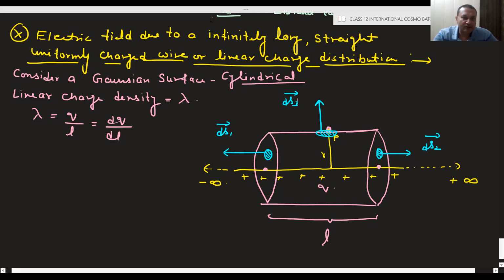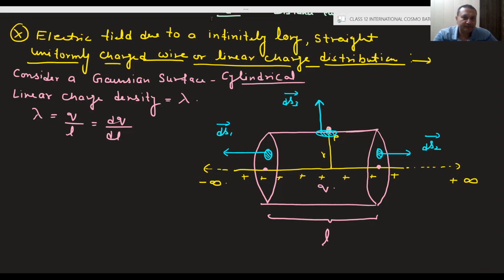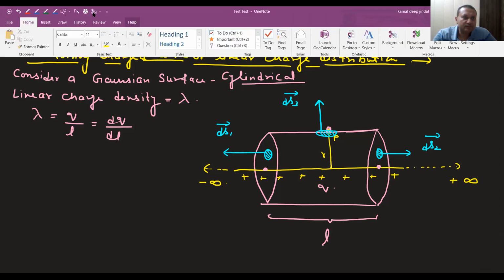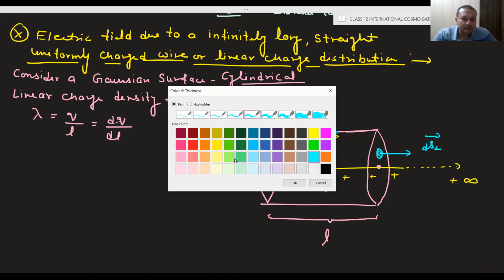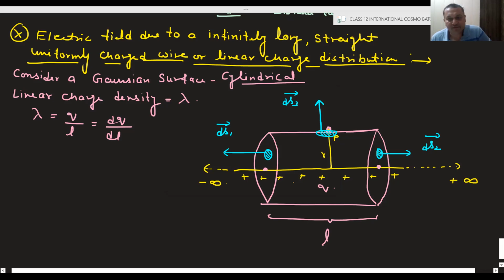So now I would like to make the electric field. Now this is a wire. What type of electric field will it produce? I will make it like this, like this, like this, at one side, other side.